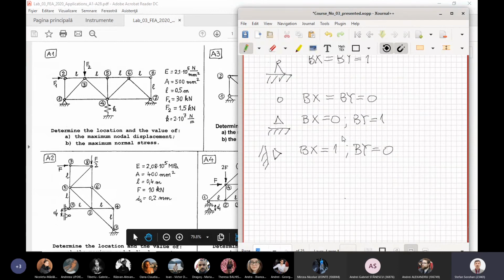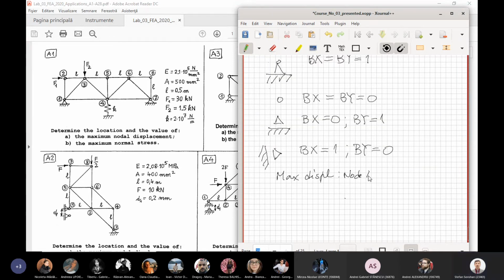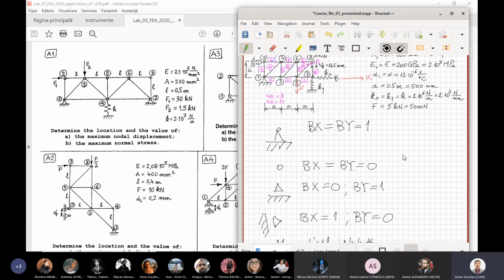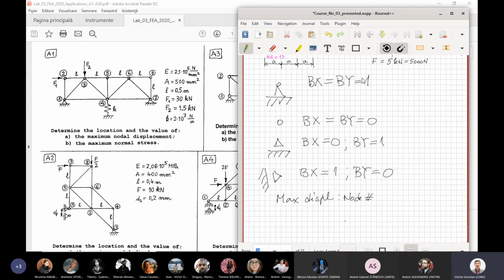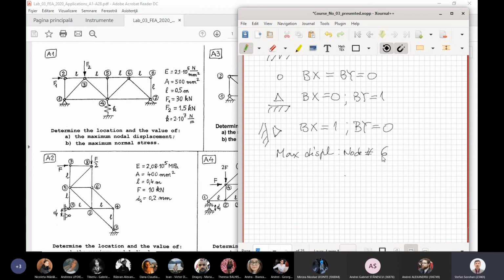For example, in our problem, if you want, the answer is okay for this one. So maximum displacement is in node number 6, no, this one, and the value is ux or dx for node 6 and uy for node 6.